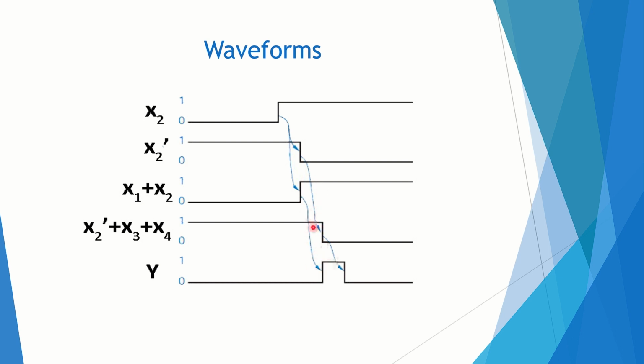See here. So this is 1 here. The AND operation of x1 plus x2 and x2 bar plus x3 plus x4, here it is going to 1. Okay, so there is a momentary false change coming at the output, that is at 1, where it should stay at 0 all the time. It is going to 1 and coming back. So that is called static 0 hazard.